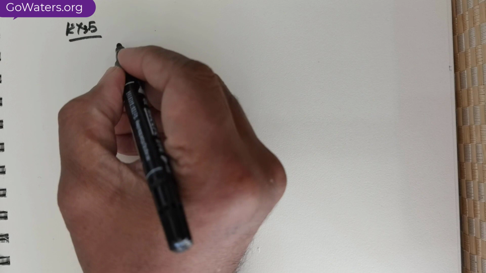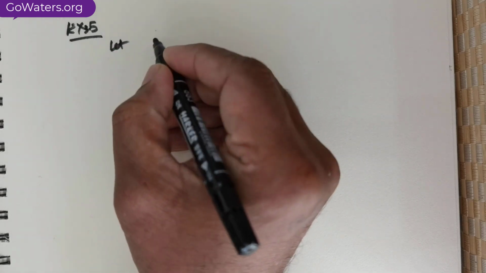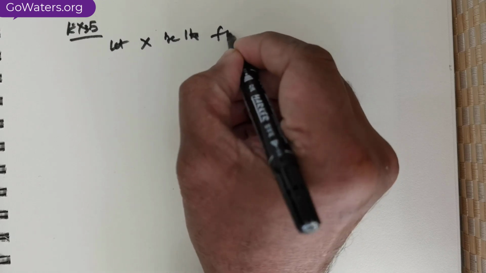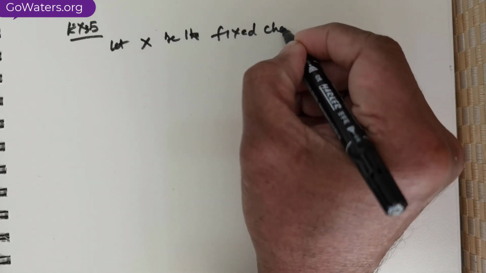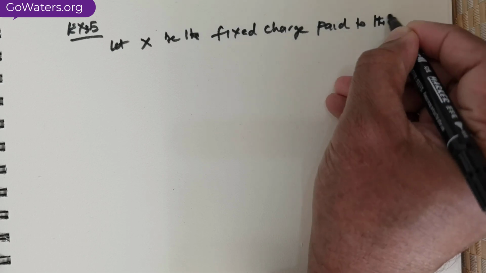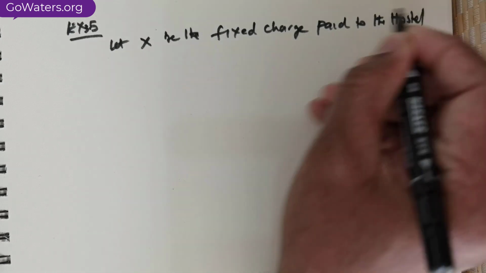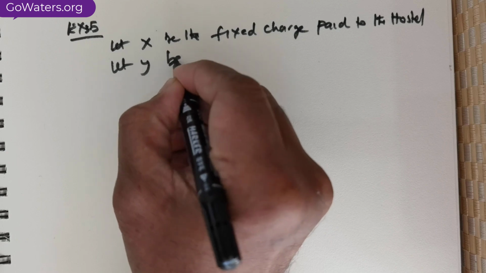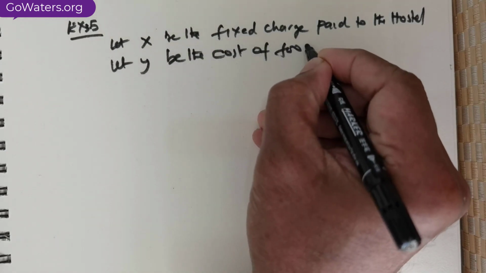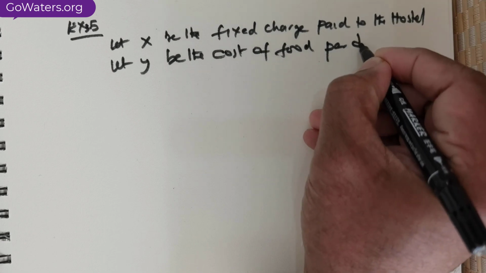So let us do that. I'm going to start off in this fashion. Let X be the fixed charge paid to the hostel. Let Y be the cost of food per day.